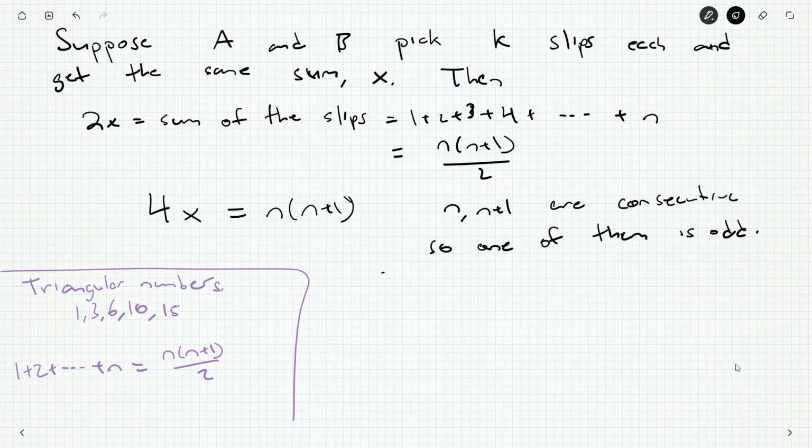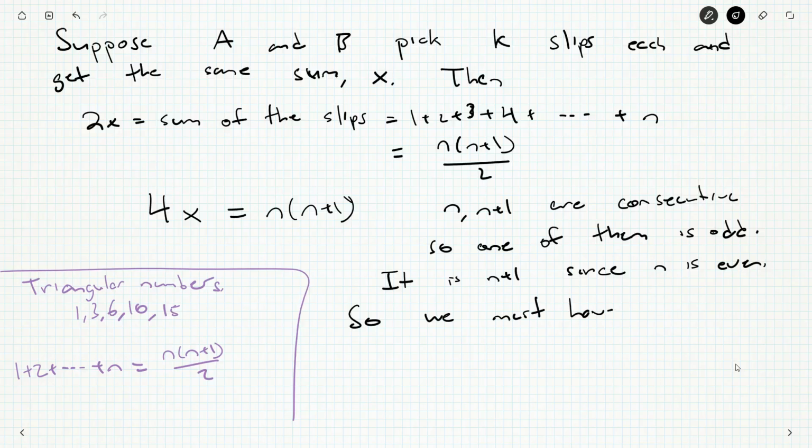In particular, it has to be n plus 1, since n is even. But n plus 1, if it's odd, contributes no factors of 2. So we must have 4 divides n. Okay? If that's the case, then I can get an appropriate x value.